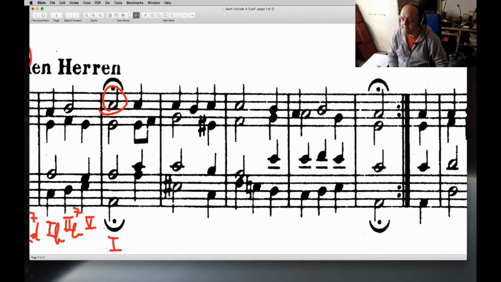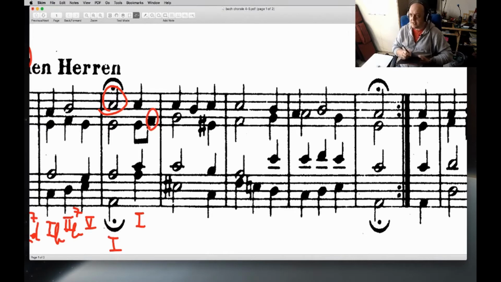Second phrase. Harmonization. I'll have to go slow. Chord 1 again at the beginning of the phrase, passing note right there.